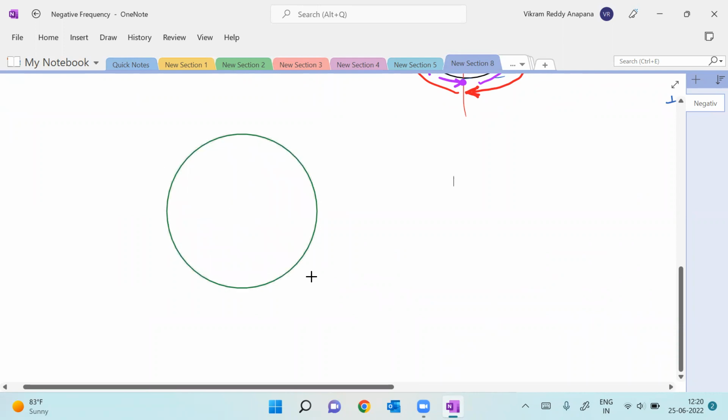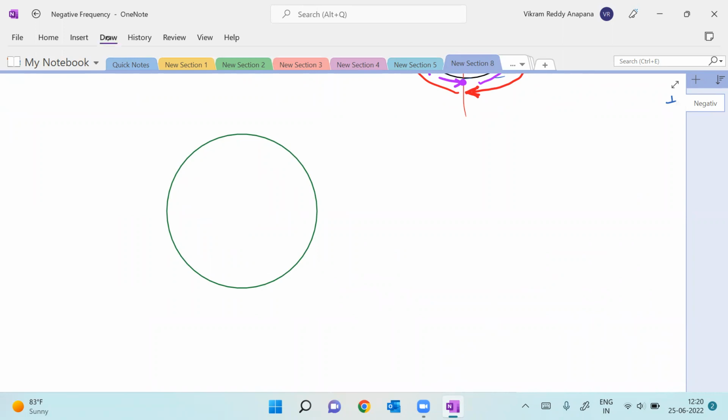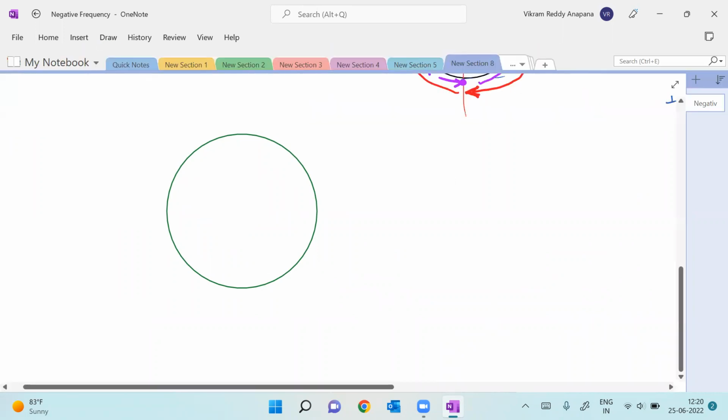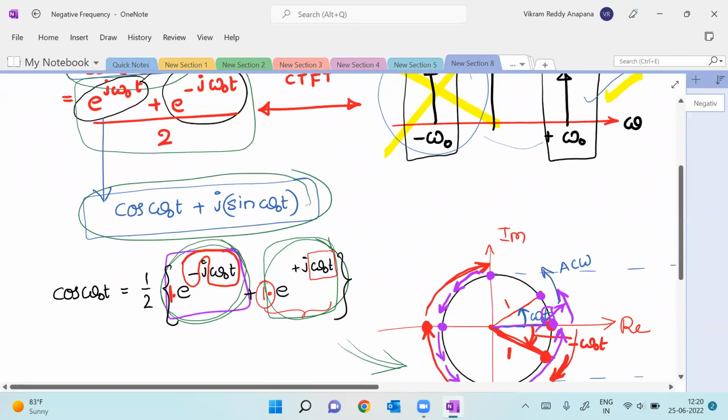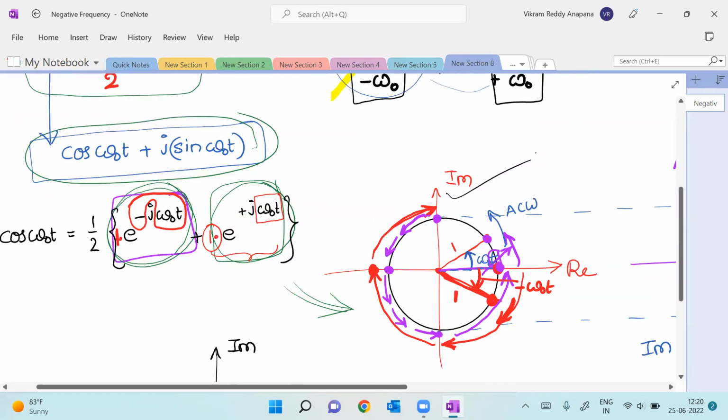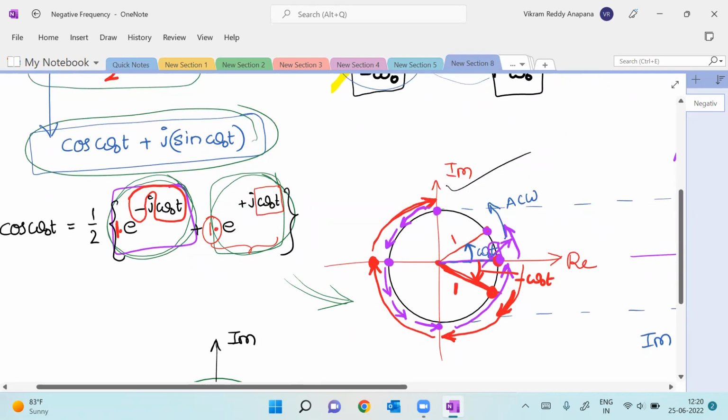Now I want to plot the real component with respect to time. So for that, what we do is this. This is the real axis. This is the imaginary axis. This is your origin. We are done with the imaginary component. Now let's go for the real component.